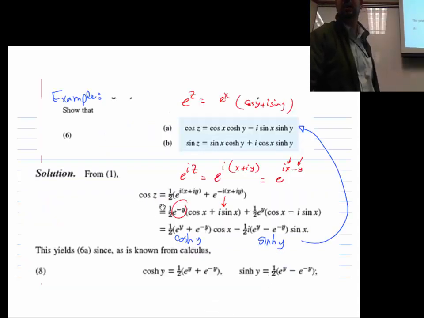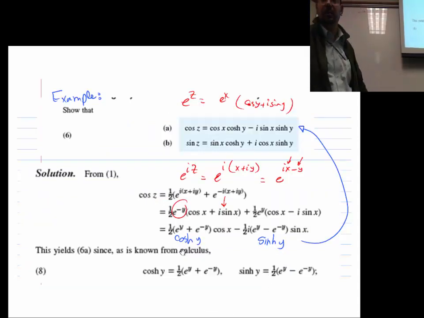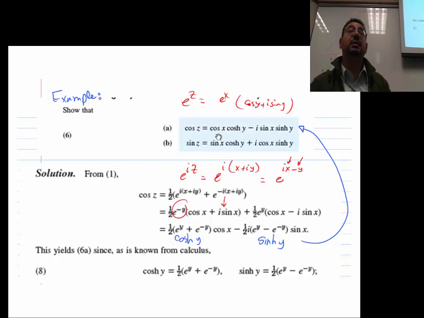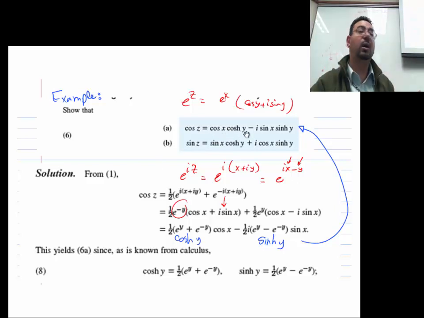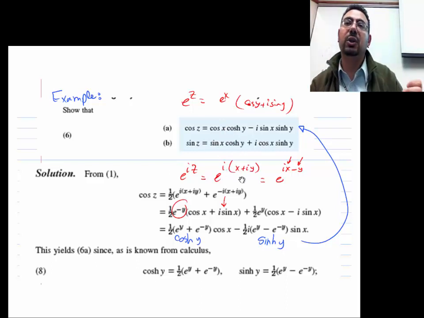Remember what's cosine z? Your cosine z is 1/2 e to the iz plus... There are many ways actually we can do this. We can say cosine x cosine y minus i sine x sine y, and then try to look at the real and the imaginary and try to solve for those guys.